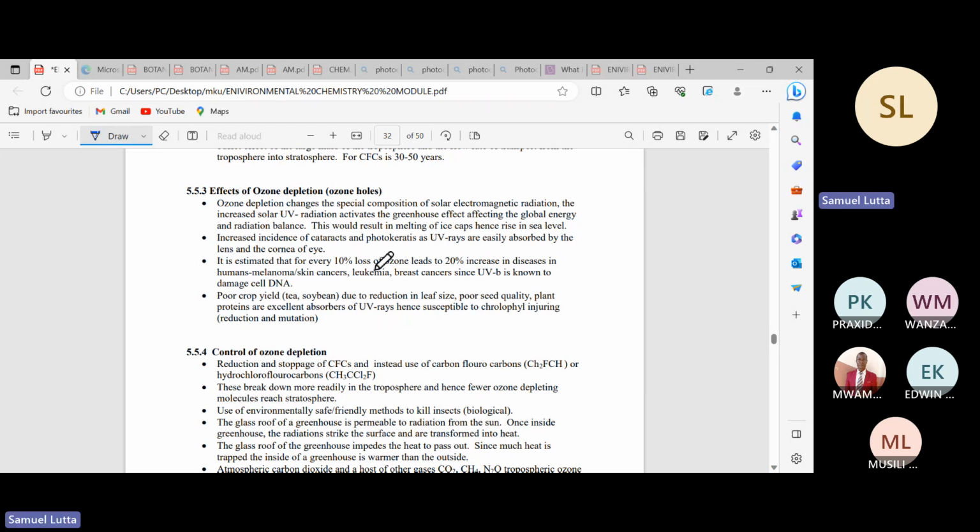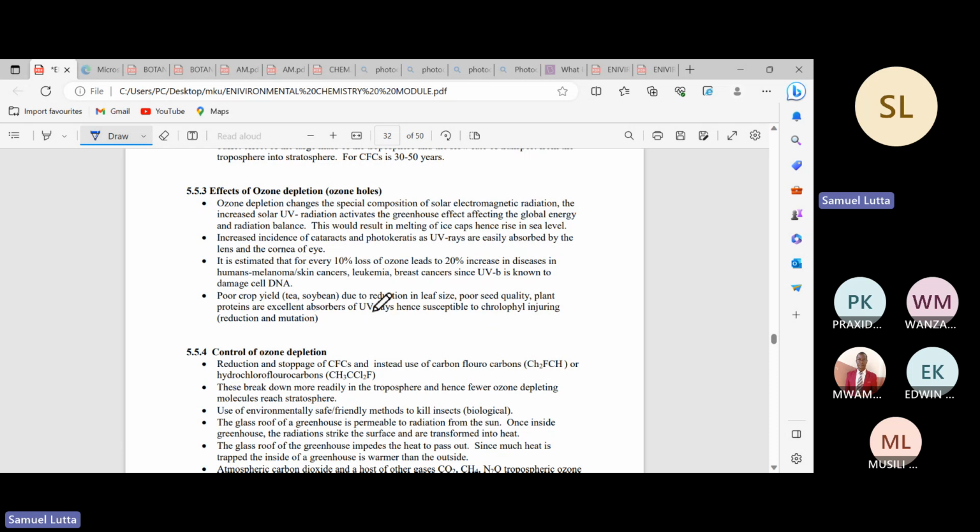And remember, we also said that the same UV light can also lead to reduction in leaf size, and also affect the production of proteins, because we know proteins are normally formed through reactions involving DNA and so forth.